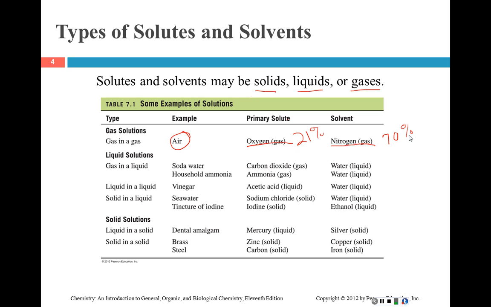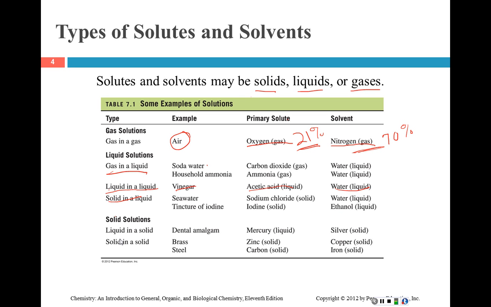So by our definition, that has to be the solvent and that has to be the solute. You can have gases in a liquid, such as sodas and colas. You can have liquids in a liquid, such as vinegar, where you have acetic acid in water. A solid in water, of course, is what I think of a lot of times, and that's sodium chloride, the salt water that my mom used to make me gargle with when I was a kid.